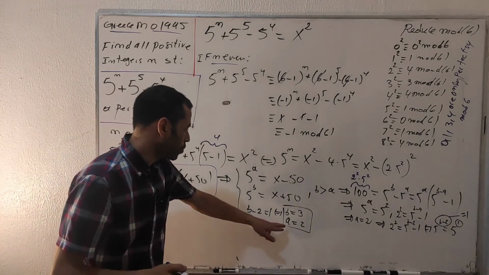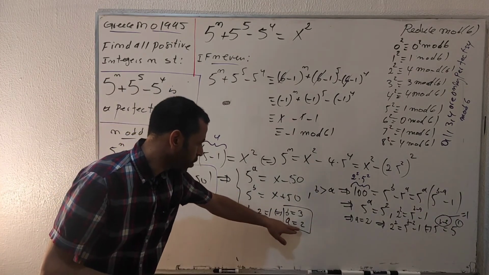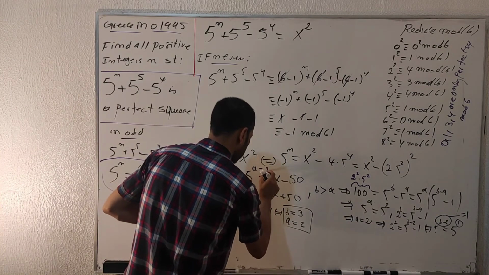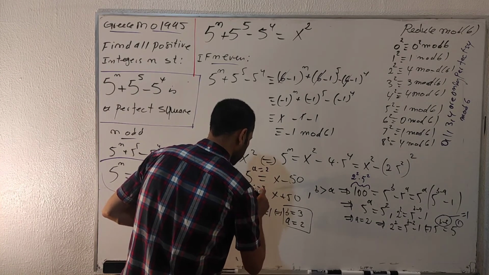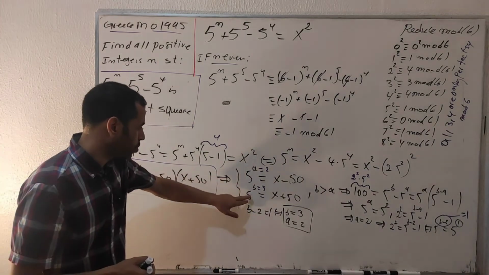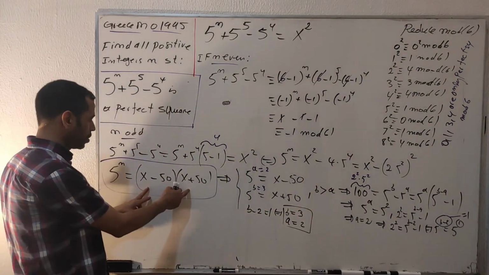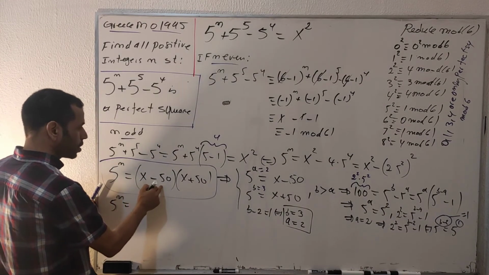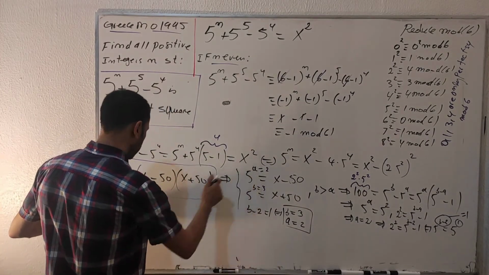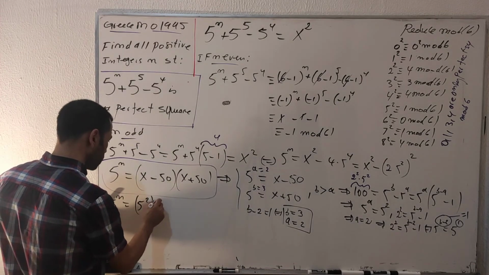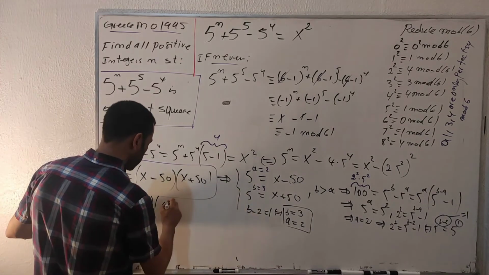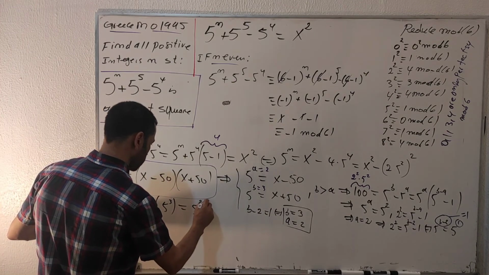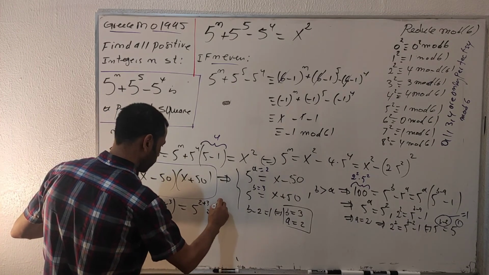It's very simple. I'm going to replace these values of a and b into this equation. I get here a equals 2, here b equals 3. So I'm taking these values and putting them in this product to find n. So we'll have 5 to the n equals x minus 50, which is 5 squared, multiplied by 5 cubed, which is 5 to the 2 plus 3, which is 5 to the 5.